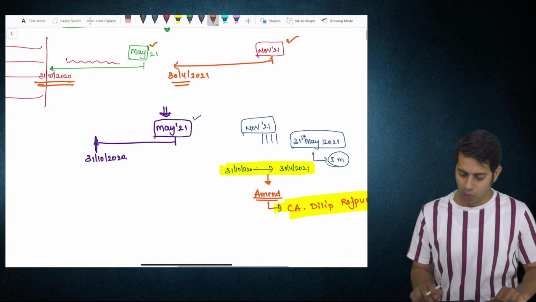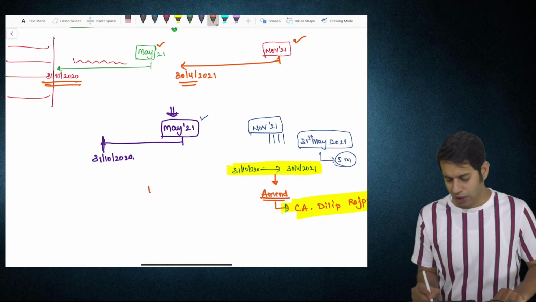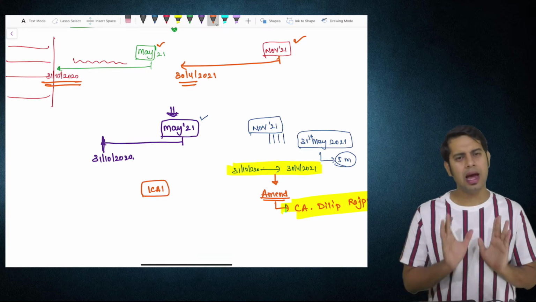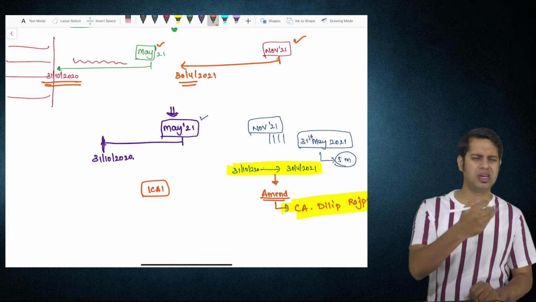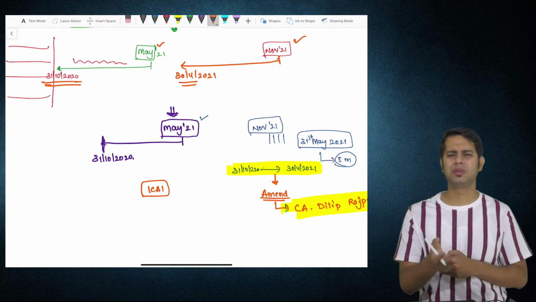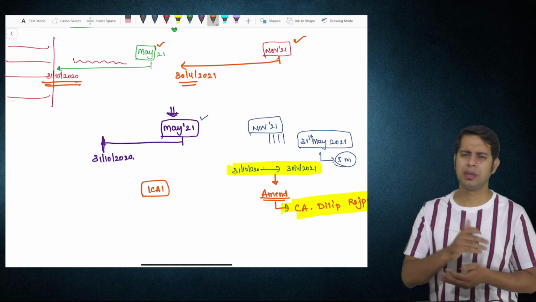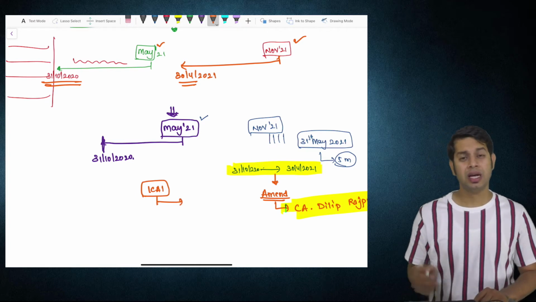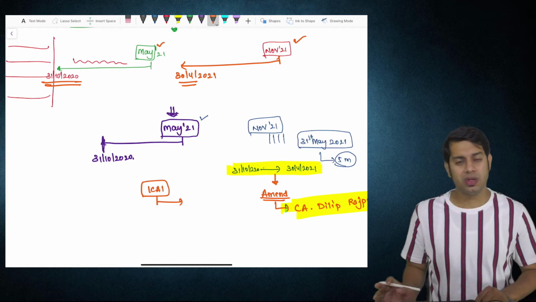Apart from that, ICAI has its own material. ICAI will release that material normally 6 months before the examination, or 4 months, or 3 months before. Along with this material, sometimes once a year ICAI updates its material.